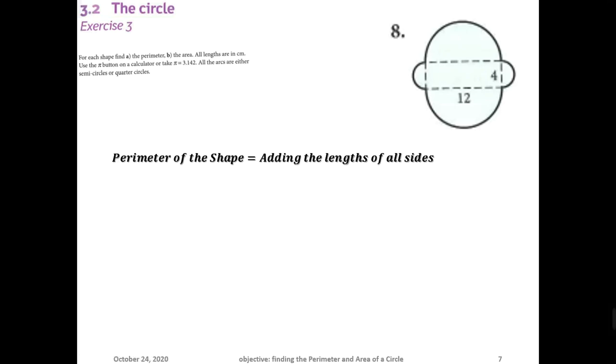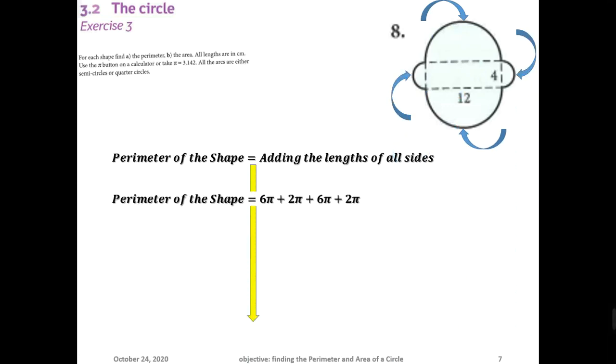Remember that the parameter of any shape is actually adding the lengths of all sides. And we have here all sides are arcs. So 6 pi plus 2 pi, just as we explained earlier, plus 6 pi plus 2 pi is actually the parameter.